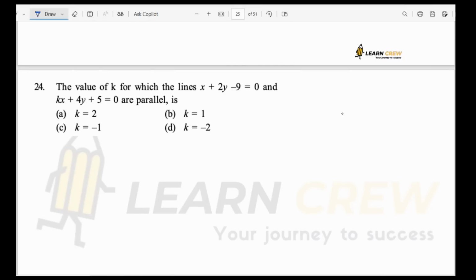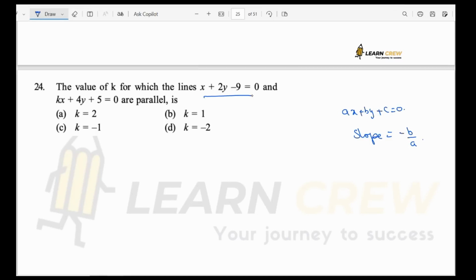So please see, ax plus by plus c is equal to 0. If it is an equation, what is the slope? The slope of a line ax plus by plus c is equal to 0 is given by minus b by a.